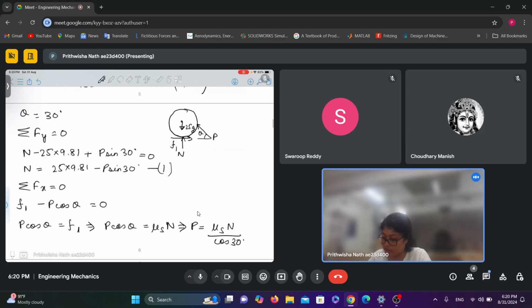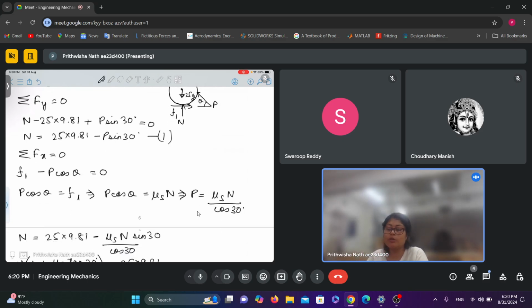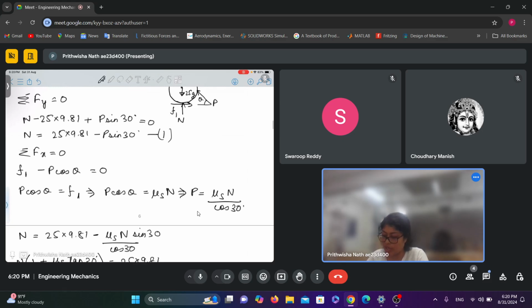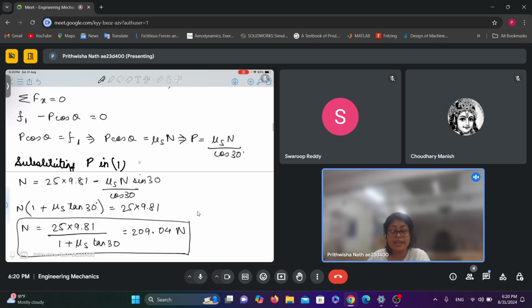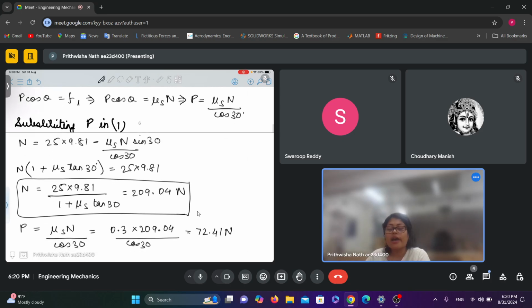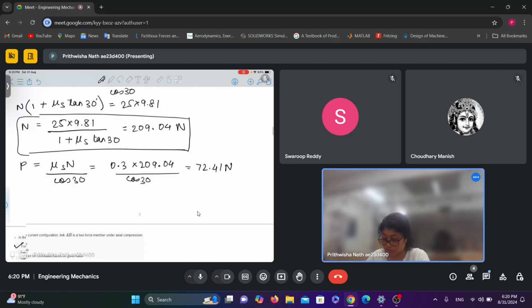Similarly, along the x direction, we get P in terms of mu s and the normal force, which we substitute in 1. So after substituting this value for P in 1, we get the normal force, and from the normal force we again get the force P.